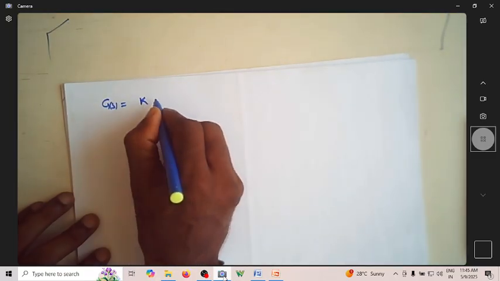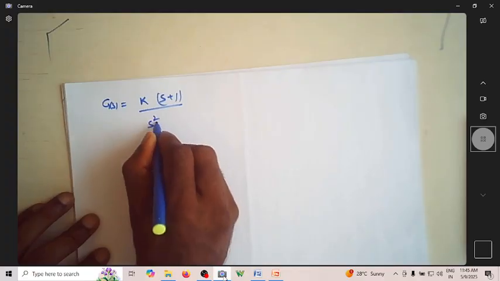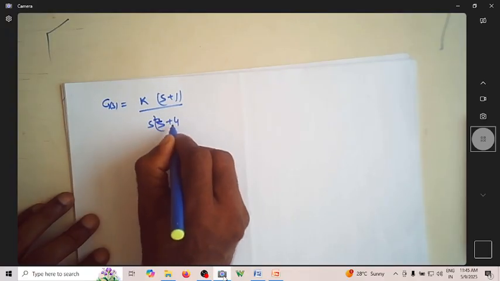Fine. So let us move on to the next section. Let us take up something like this. There is a G(s) which is nothing but k into (s plus 1) by s squared into (s plus 4).